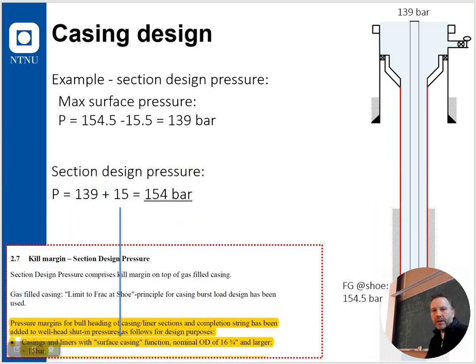And in this case they said 15, but it's 35 in the governing documentation. It depends on the casing size, I guess, and that's not really specified here. So it could be either 154 or 20 bar more if it's larger than 16 inches.